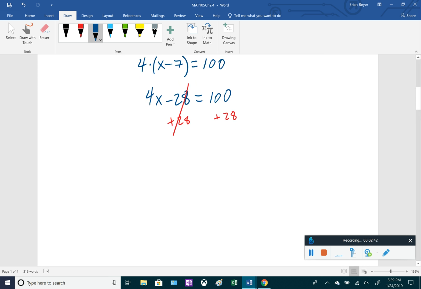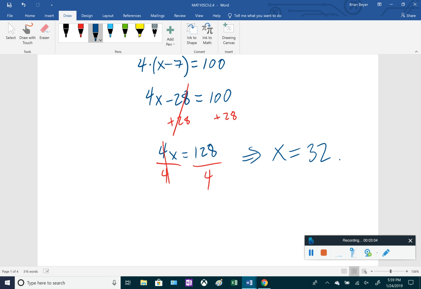And we're going to get 4x equals 128. Now we divide both sides by 4. So 128 divided by 4 is going to give us x equals 32.